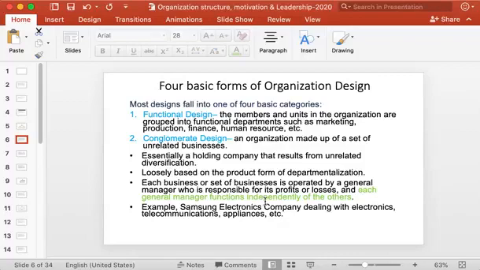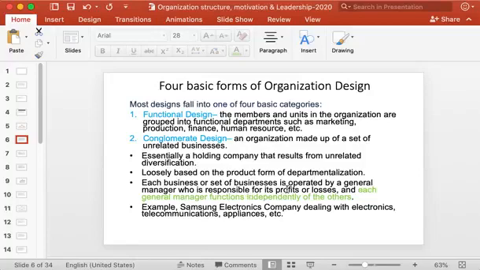In this case, from one point of view, you can see that it is based on departmentalization based on product, but a clear distinction about conglomerate design is that although the organization structure is based on departmentalization based on different products, the products are not related to each other.